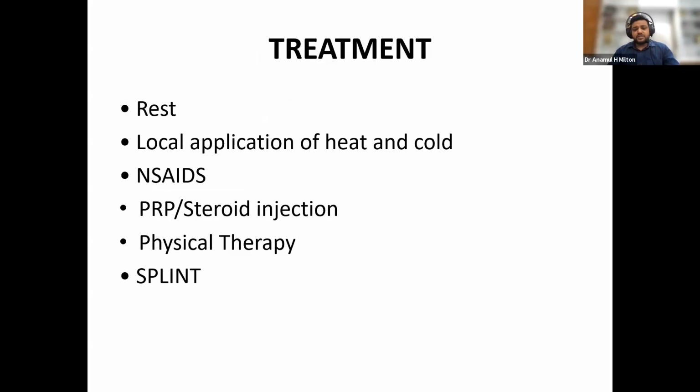For treatment: rest, local cold or hot applications, and NSAIDs. Sometimes, if there is degeneration, we mostly prefer PRP. Needle fenestration is very important, because in degeneration the fibers are degenerated.